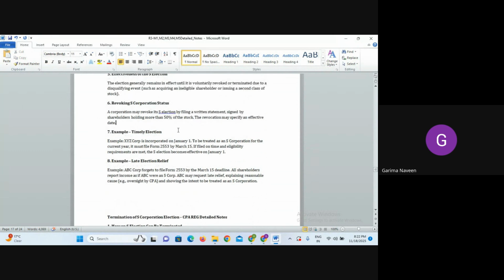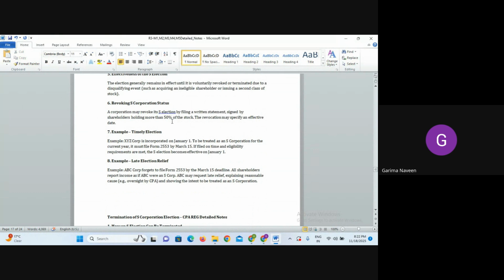One more thing, if you have terminated your S corporation status, then to re-elect the S corporation status, there is a time limit of 5 years. If you have terminated your S corporation status, that means after 5 years only you can again re-elect the S corp status.